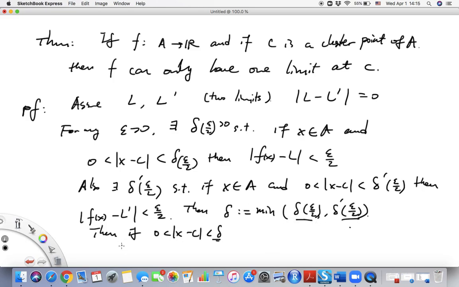So then, by the triangle inequality, |L minus L prime| is less than or equal to |L minus f of x| plus |f of x minus L prime|, right?